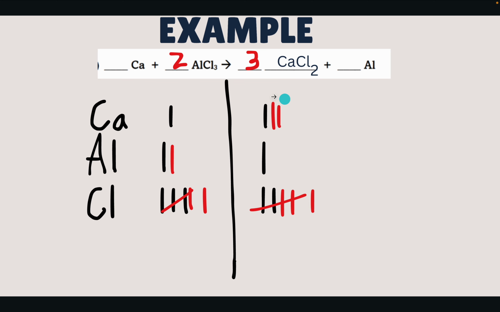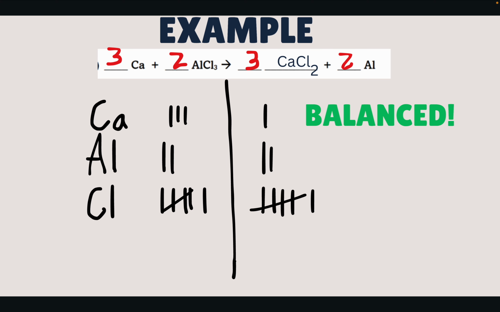We're having 3 calciums and 2 aluminums. That means we need to fix that. We're multiplying the number of aluminums here by 2 and the number of calciums here by 3. Whoops, I forgot to add the tallies here, but anyways, that should be a balanced chemical reaction.